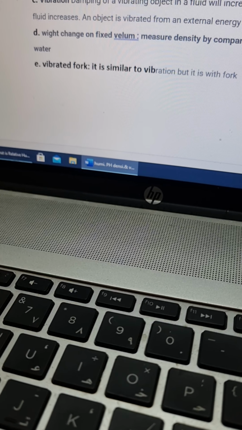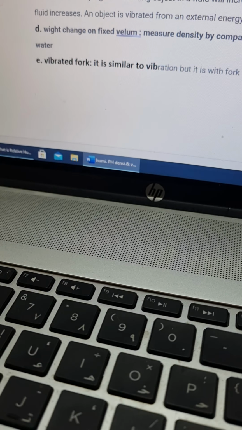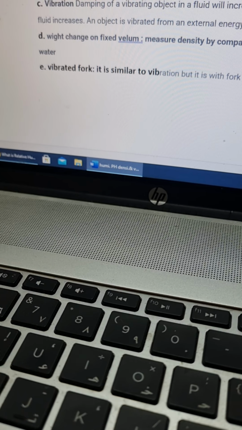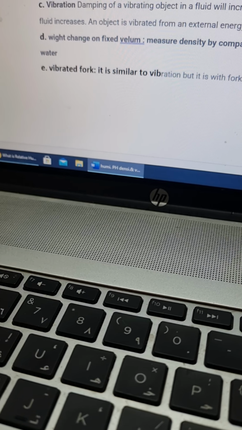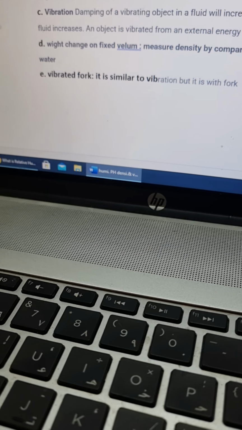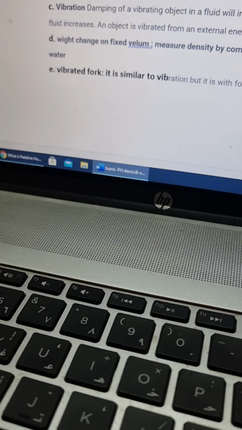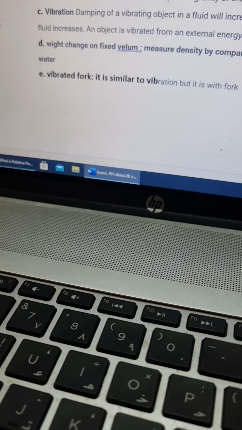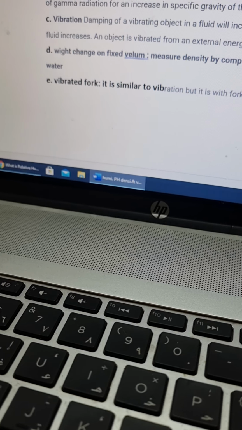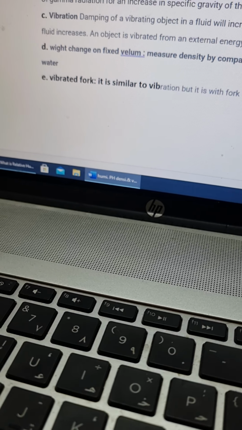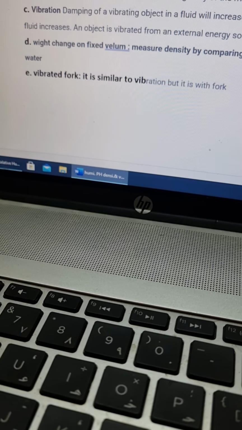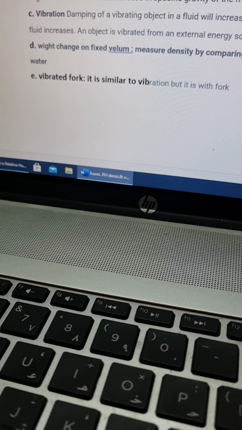Density measurement by radiation uses the absorption of gamma radiation, which increases with the specific gravity of the material. And vibration. Damping of a vibrating object in a fluid will increase with the density of the fluid.